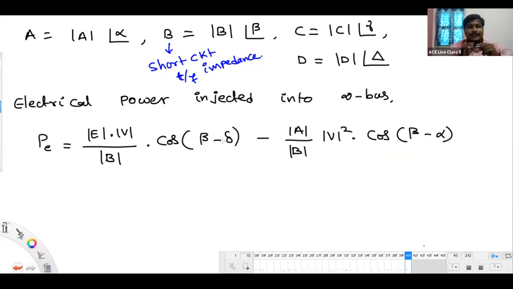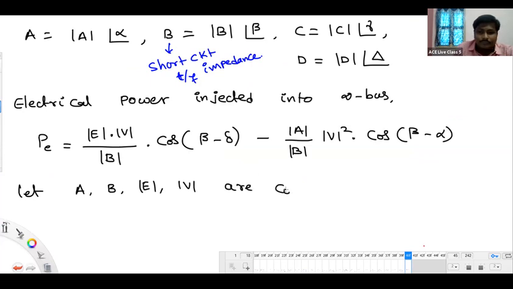Okay, next. Listen. Making some assumptions now. This mod E, mod B, as well as parameters A and B are constants. Which are variables now here?